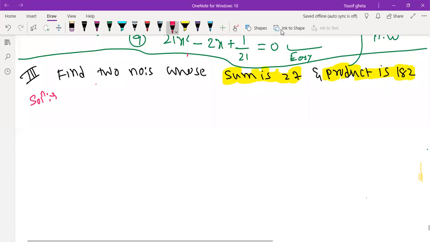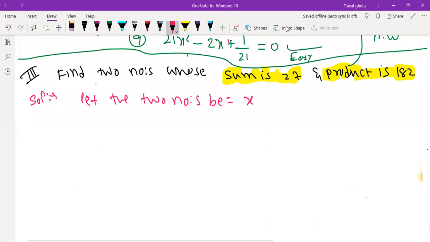See, the question is what? Find the 2 numbers. Let the 2 numbers be... See, there are 2 numbers whose sum is 27. Let one number be x. Obviously, one number is x. Correct?